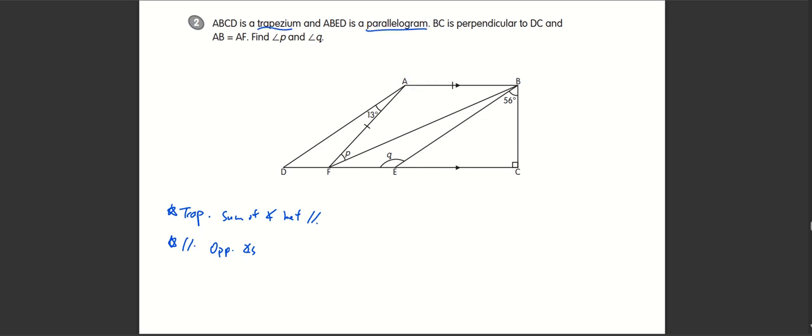And then you have BC is perpendicular to DC, so that's the 90 degrees given here. And then you have AB equals to AF. Next clue to an isosceles triangle.